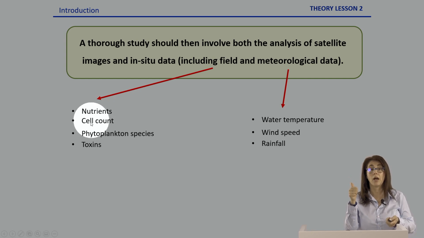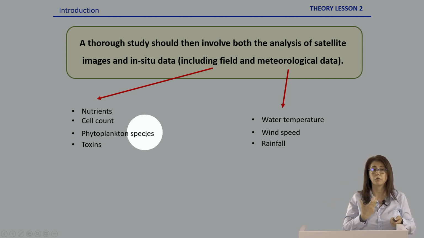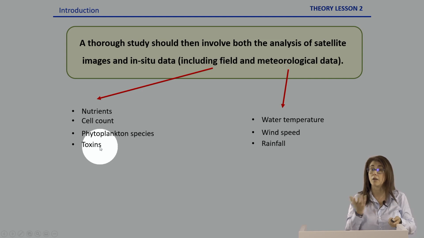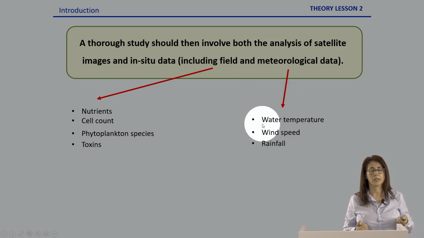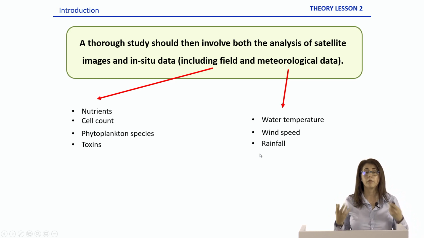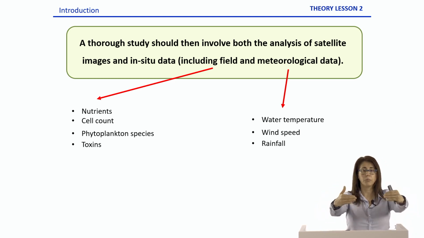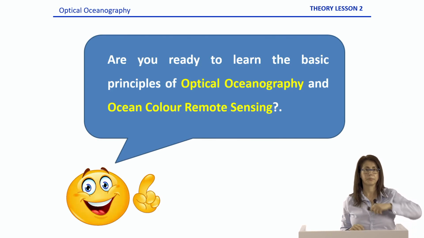We need to count the cells to see if it is really a HAB or a normal bloom. We might have to identify the species, and of course we will have to look for toxins. And for meteorological data, as I said, we need to measure water temperature, air temperature, wind speed, and rainfall. Remember that rainfall can wash off any pollutants and bring them to the watercourses.